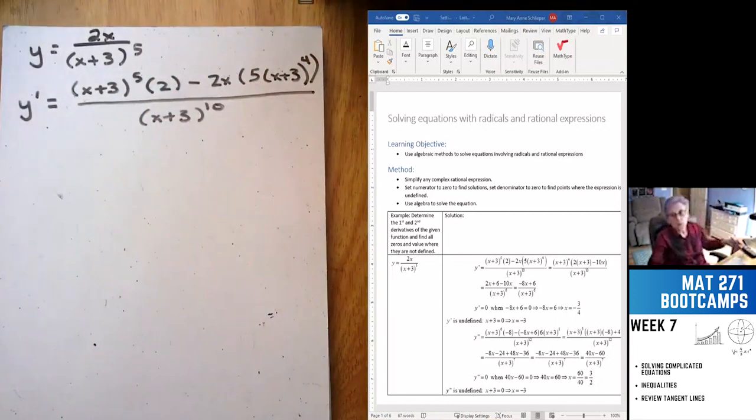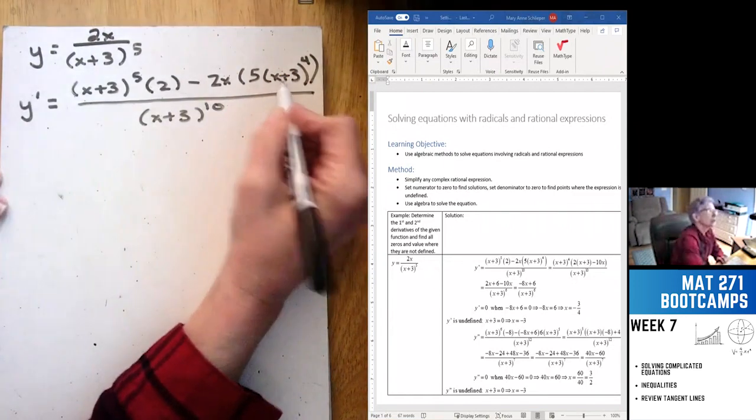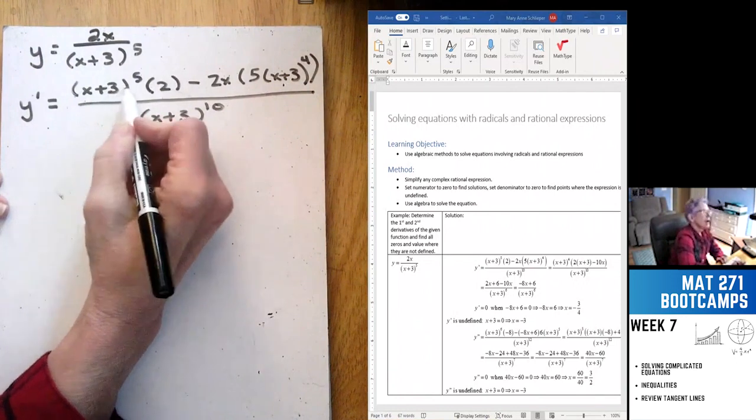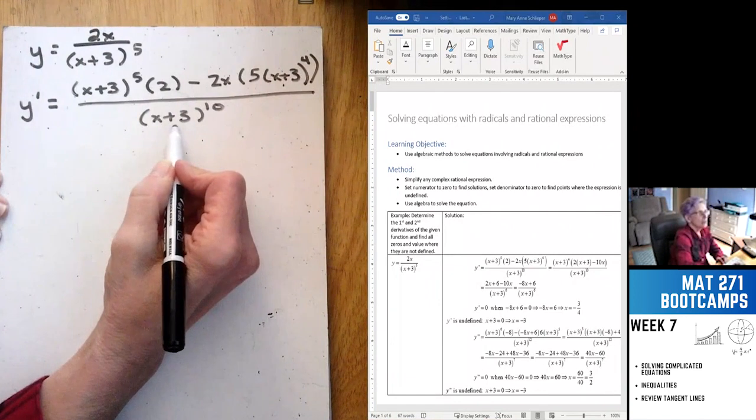Now, when we weren't setting them equal to 0, you were always told, oh, you don't need to simplify. But if you're going to have to set it equal to 0, you're going to want to simplify it as much as you possibly can. So I look at the top row here, and I have a bunch of x plus 3 to a powers, and I have an x plus 3 to a power down below.